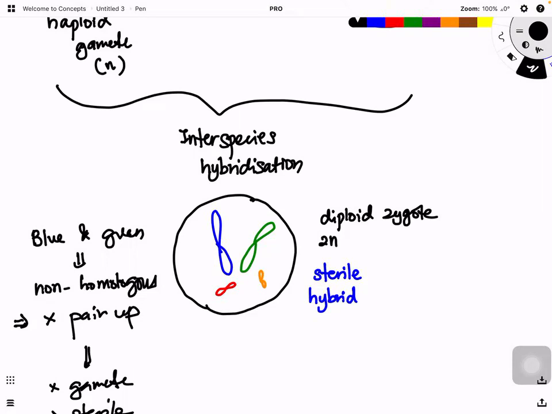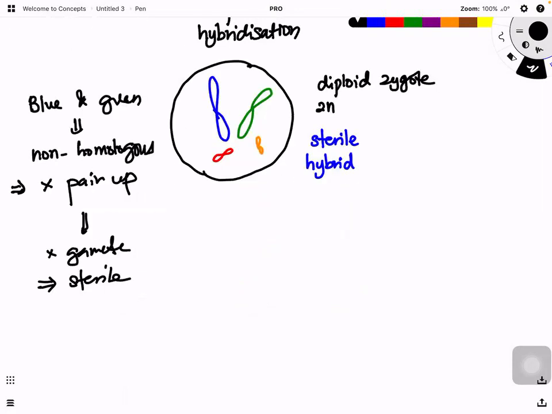Okay, they form the zygotes, and the offspring is okay. They have no problems with mitosis and development.